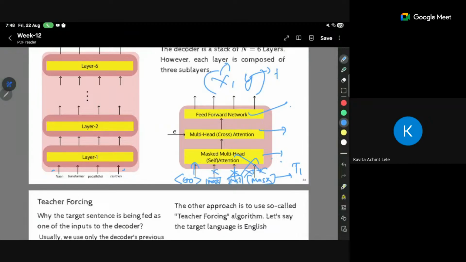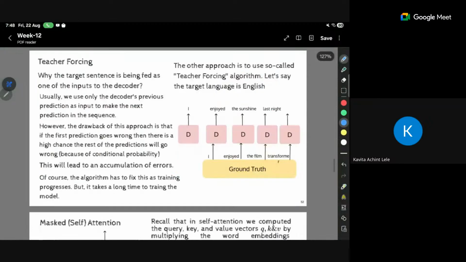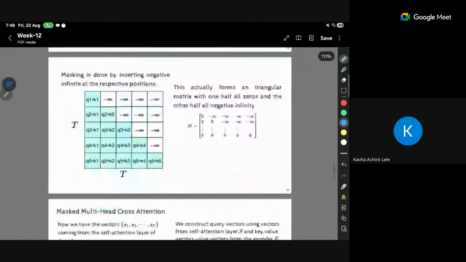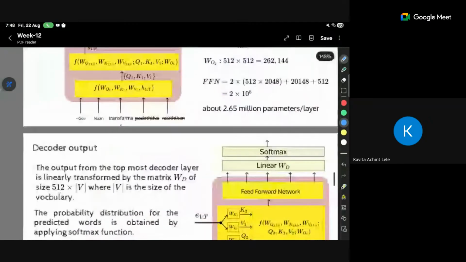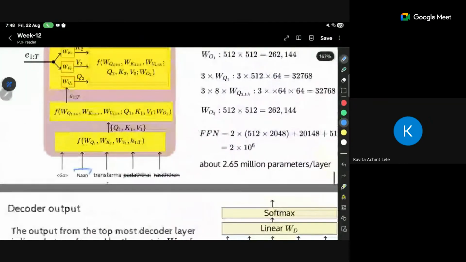And let's say after some point you were able to figure out that the next is none, at the second timestamp, then up to two values you are going to compute the attention, and for the third value we are going to only compute up to third, and so on, right?